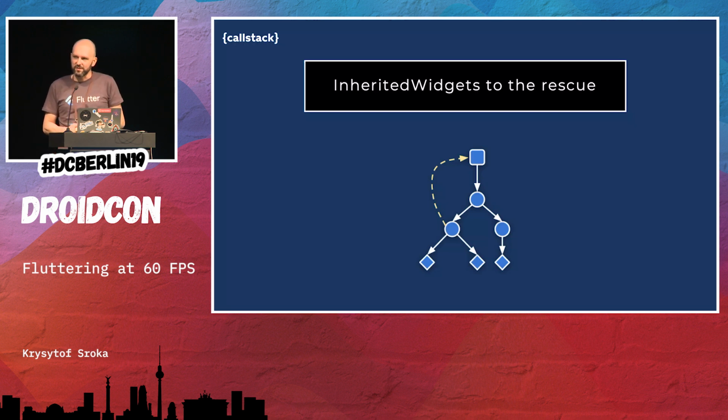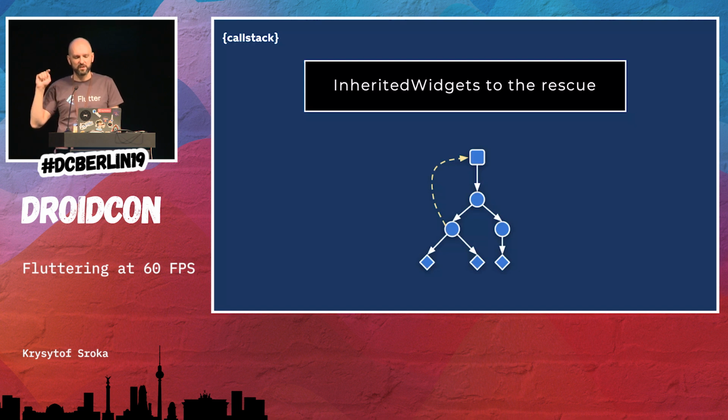Inherited widgets are there to provide data, basically to pass the data we know about in a bigger scope down to the specific widgets downstream. And one nice thing is that if we are somewhere down the tree in our structure, asking to find an inherited widget is actually based on a hash map.